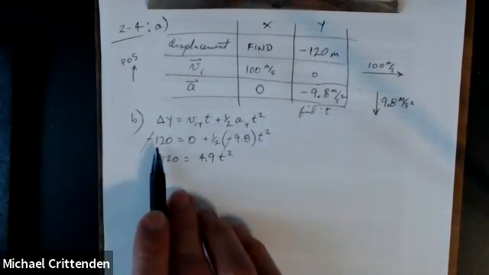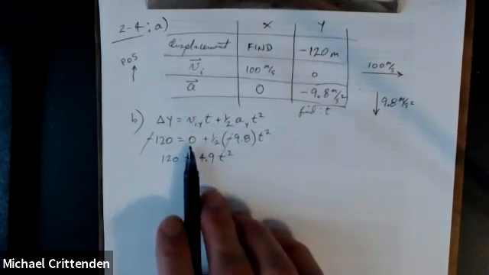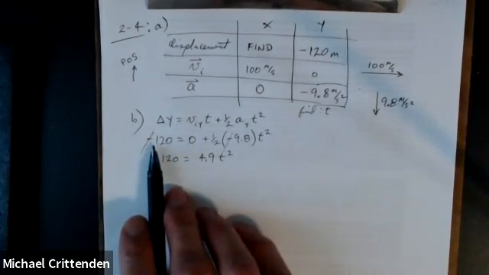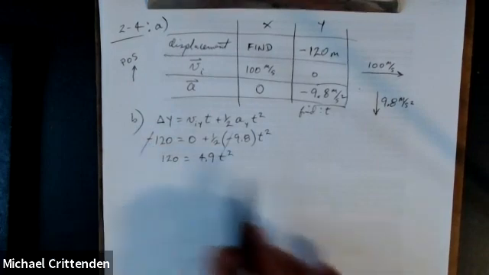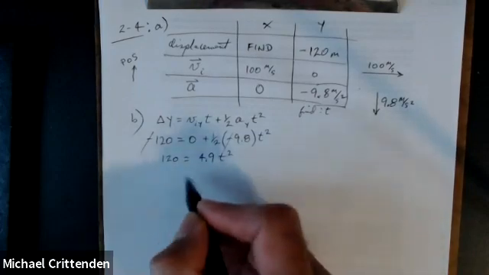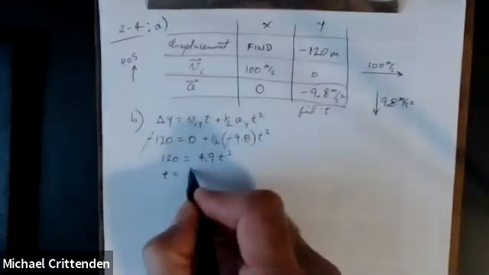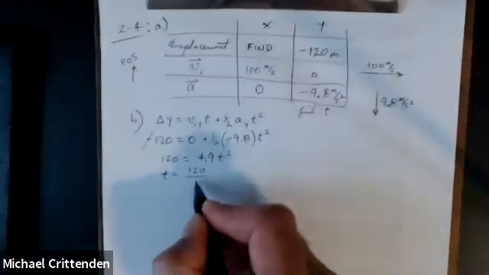So the math is a little different than it was in the previous problem. In the other one, this was 0, and you had a number here. Now this one is 0, and you've got a number over here. So instead of dividing, if you divide this through by t, it's just going to make a mess. What you want to do instead is this: 120 over 4.9.